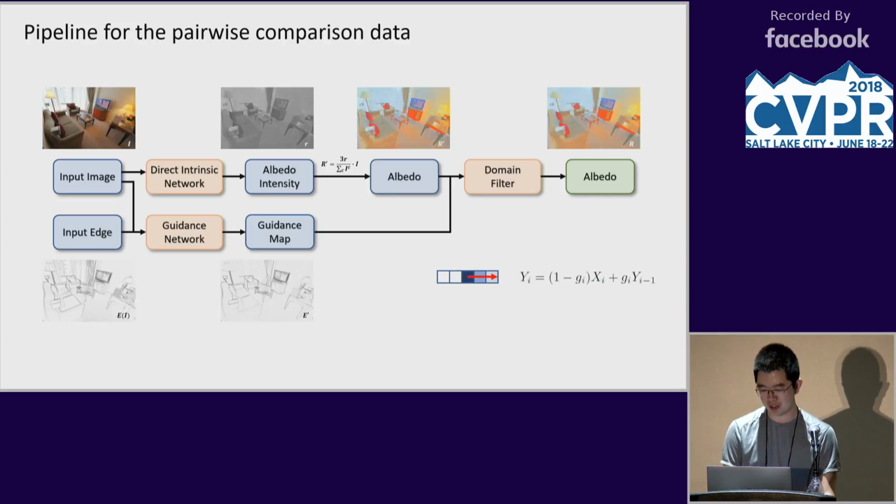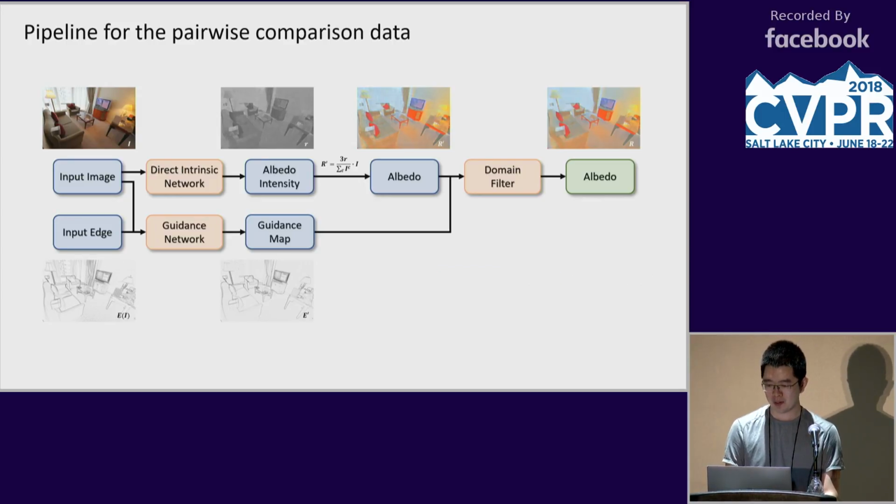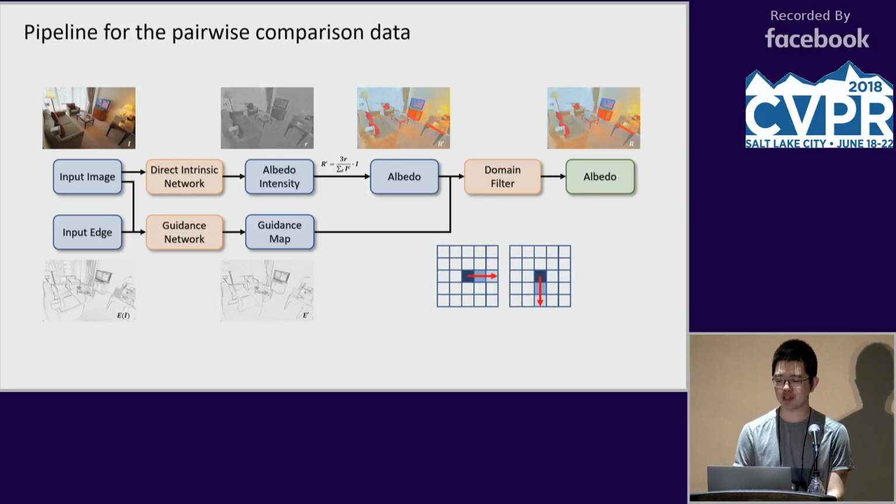For input 1D signal X, the filtered output signal Y can be defined on the transformed domain of the guidance map using the mentioned equation. Such a separable 1D recursive filtering layer is applied across rows and columns in an image, which means performing a horizontal pass along each image row and a vertical pass along each image column, along 4 different directions in an iterative manner.